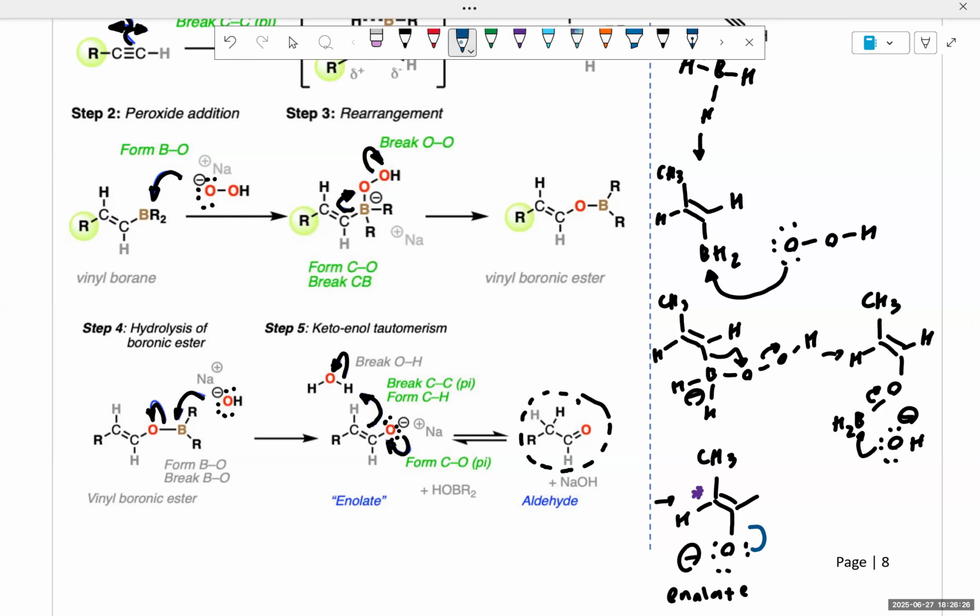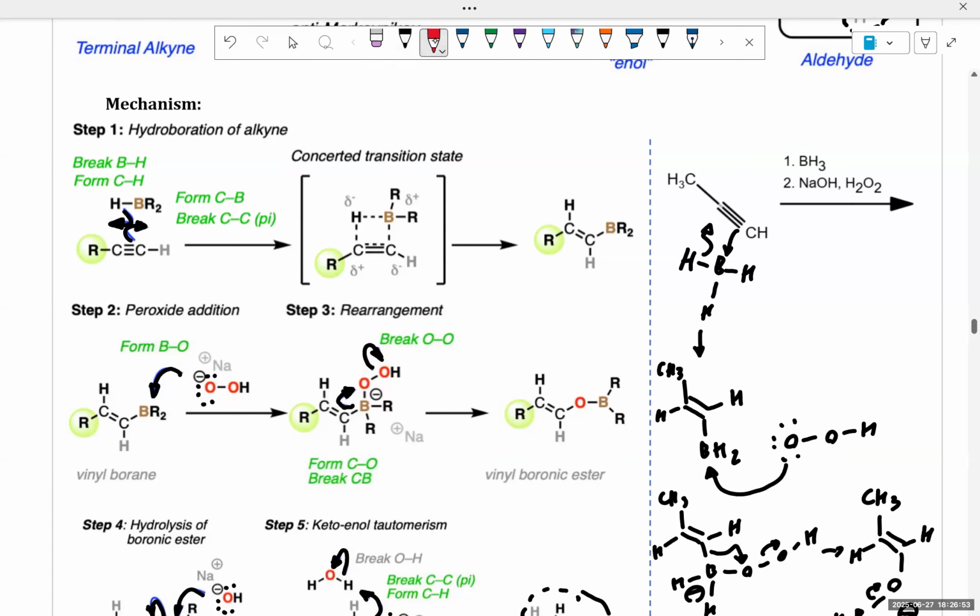So in this case, we can protonate not at oxygen, but instead at carbon. This in turn generates our aldehyde product. Quickly and efficiently.